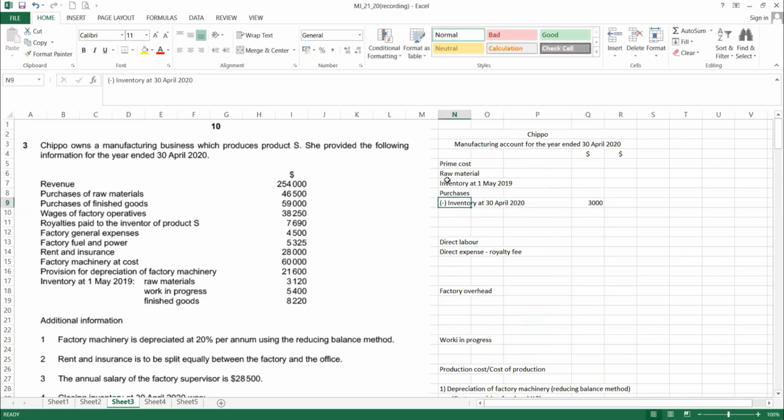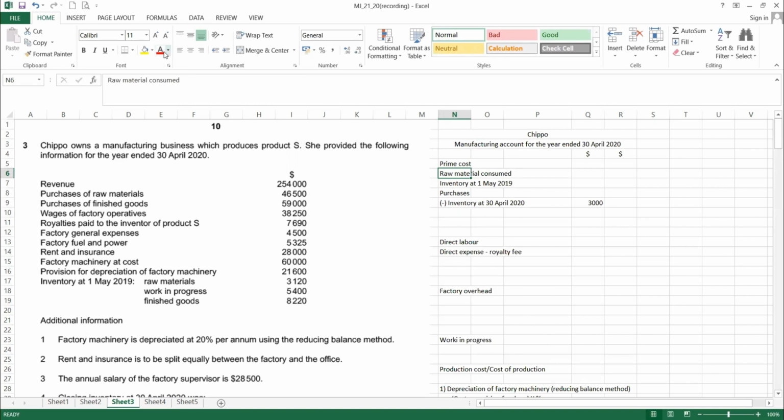And this one is referred to the raw material. So this one, actually, we are calculating the raw material consumed. Okay, I'll put the other in the back. Raw material consumed.